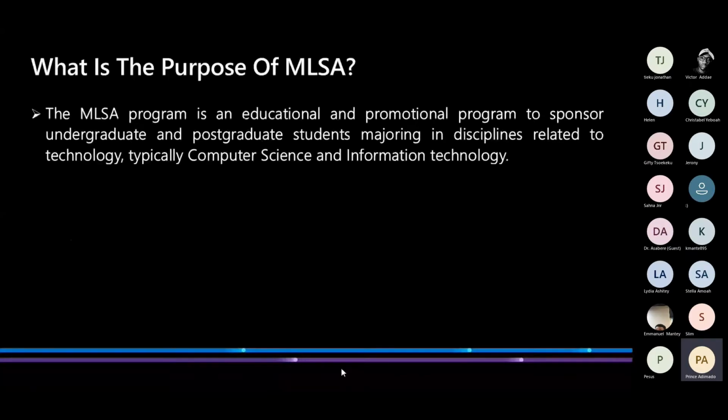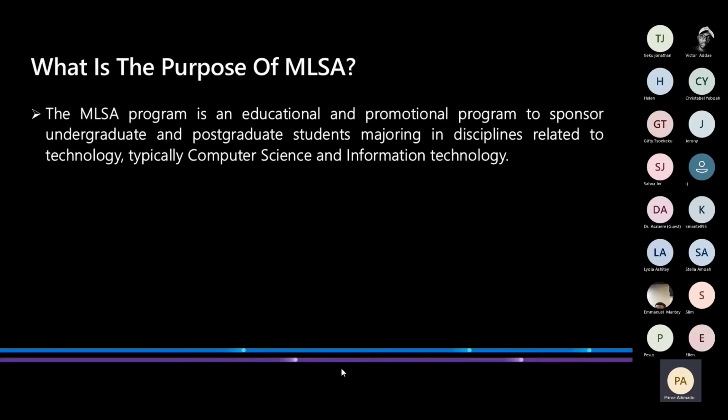The Microsoft Learn Student Ambassador is an educational and promotional program to sponsor undergraduate and postgraduate students who are majoring in disciplines related to technology, typically computer science and information technology. At first, only computer science and information technology students were accepted into the program.